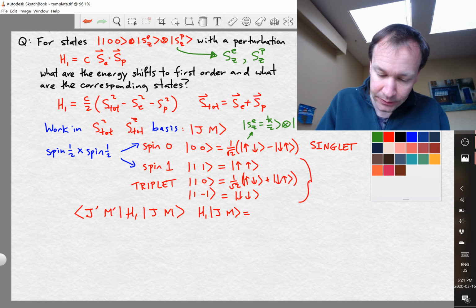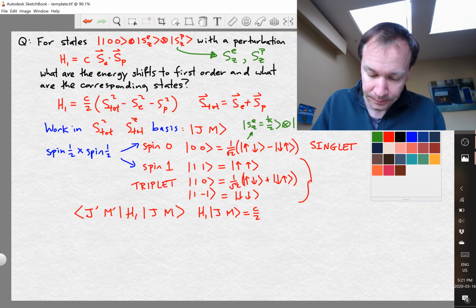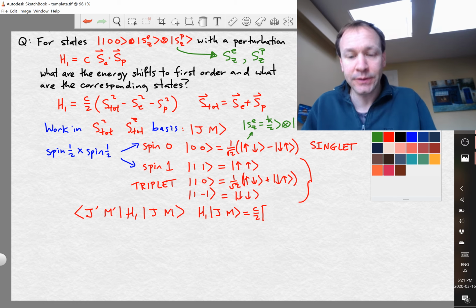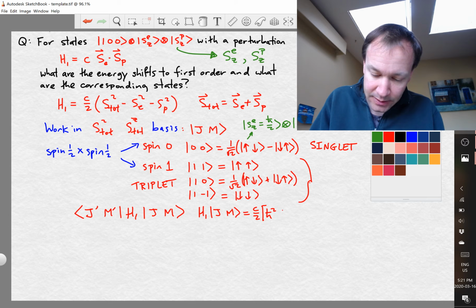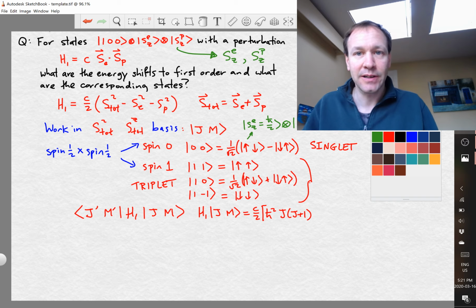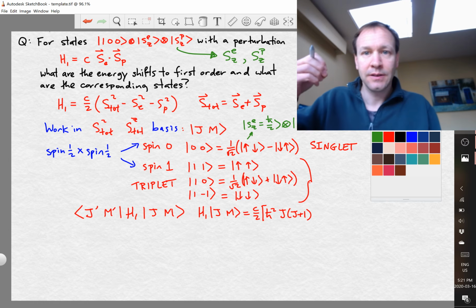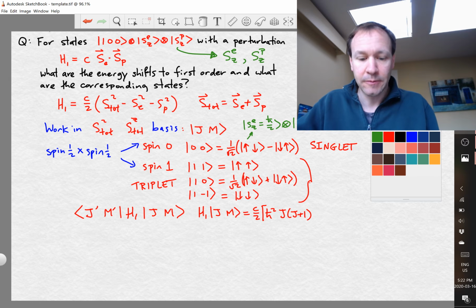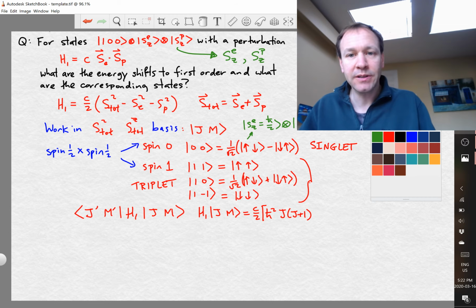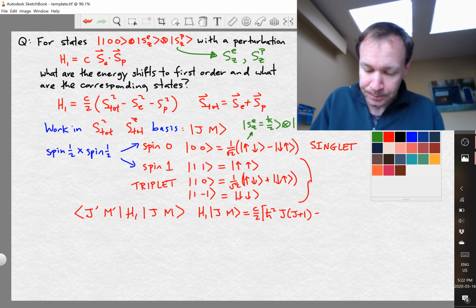is equal to C over 2. Now we act with S total squared, so that gives h bar squared j times j plus 1. And then minus S electron squared, that's just 3/4 h bar squared, because all of our states have spin half for the electron. And then minus S proton squared acting on our state, and that's another 3/4 h bar squared.